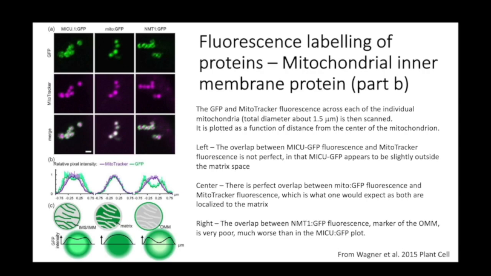And the mitotracker is in the matrix, so they are both in the matrix, so they would be expected to give the same pattern, and they do really nicely. In B to the right, the overlap between NMT1 GFP fluorescence, which is a marker of the outer mitochondrial membrane, and mitotracker is very poor. It's much worse than for mito-GFP.